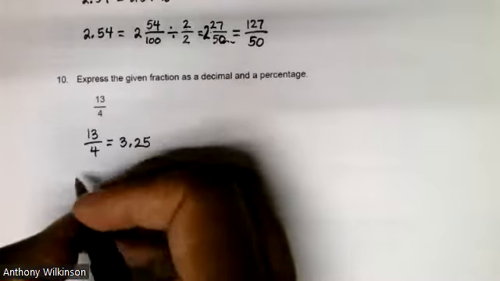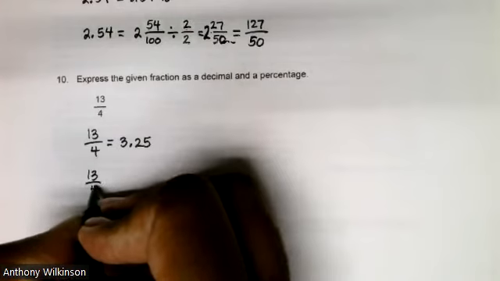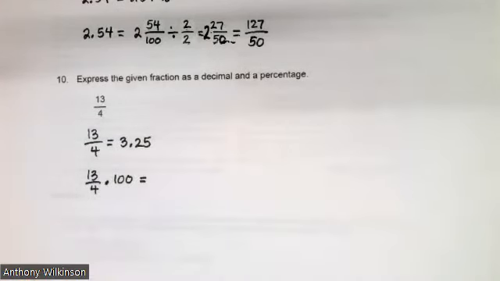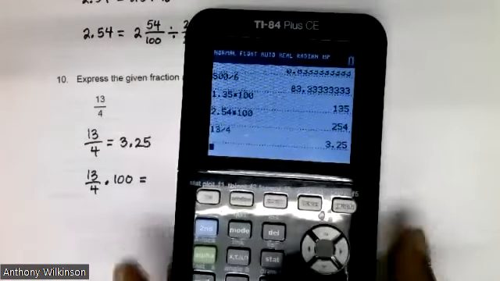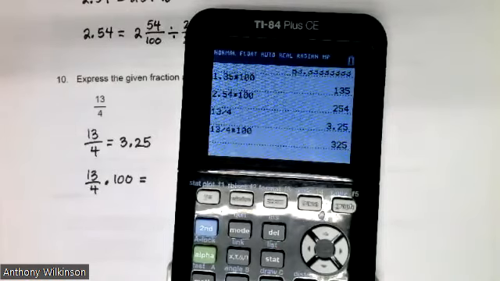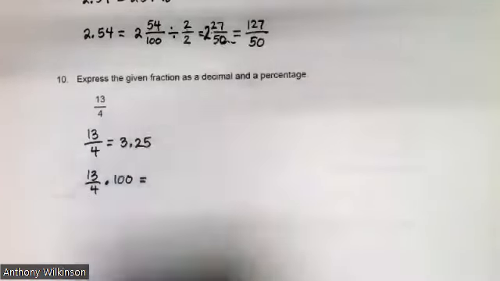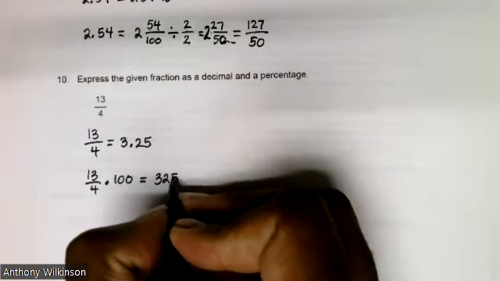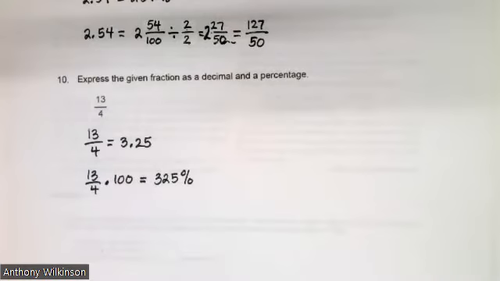Now for the 13/4 as a percent, we're going to multiply by 100. Now, if you want to, you can just go ahead and do this in the calculator. You get 13 divided by 4, then multiply by 100. That will give you the percent, 325%. Okay.